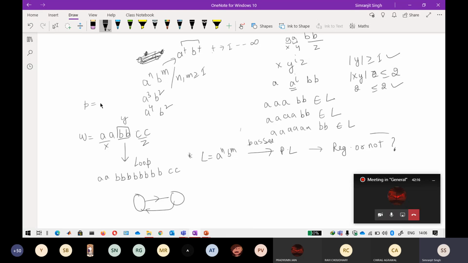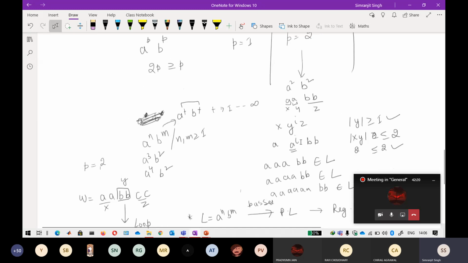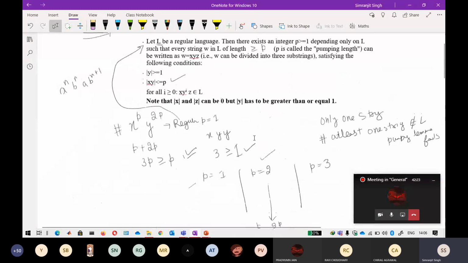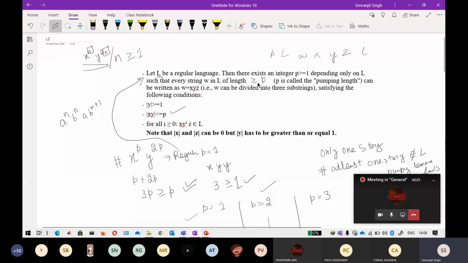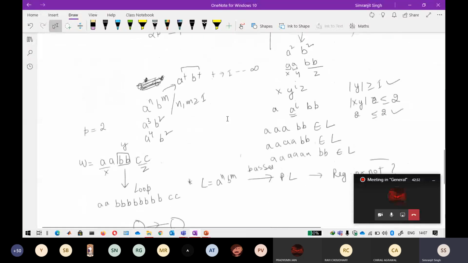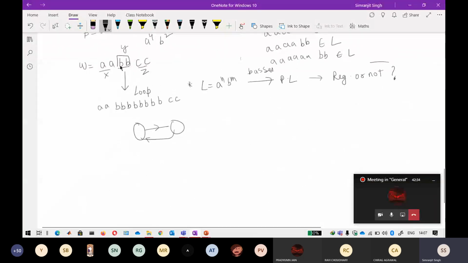This pumping length p, and the values and conditions of x and y, ensure that we always land on that part of the string where there is a possible loop. These conditions ensure you always land on the looping part.